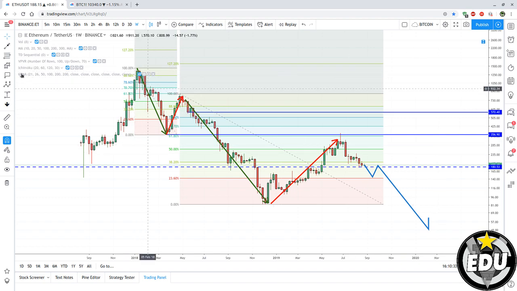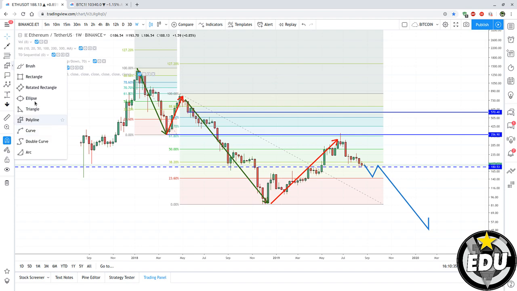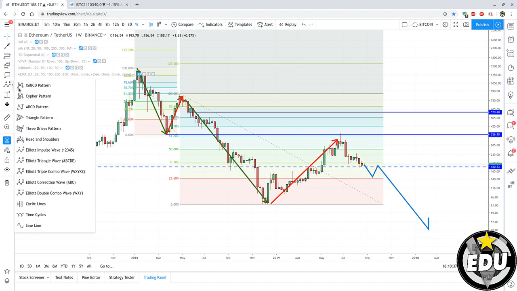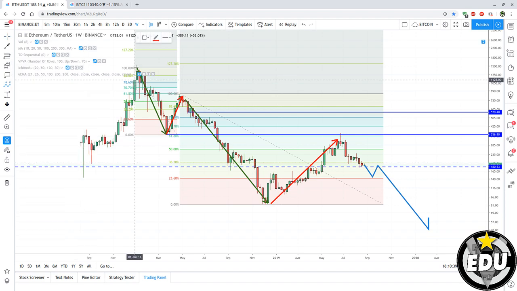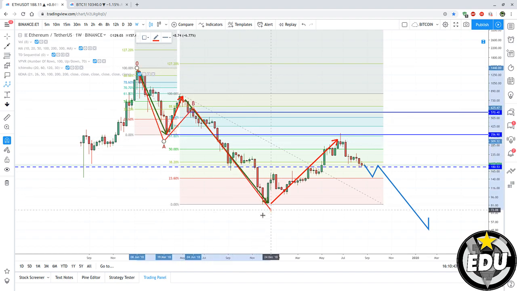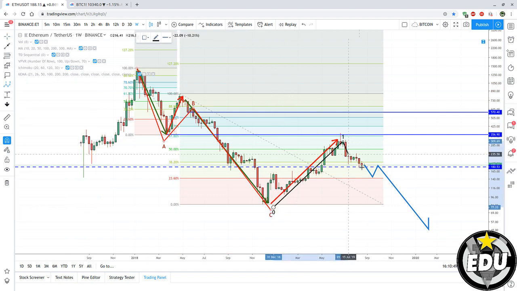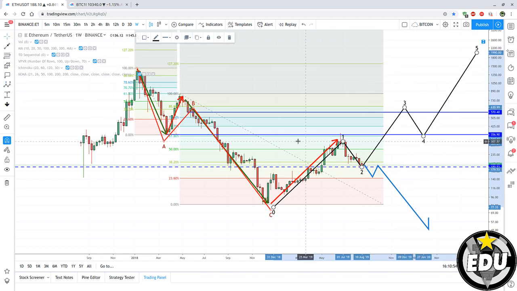So the question is, did Ethereum just finish a massive ABC correction, and now we're starting a 1, 2, 3, 4, 5 Elliott wave?